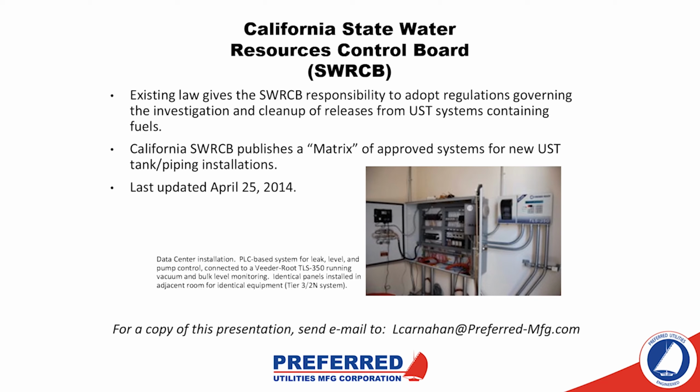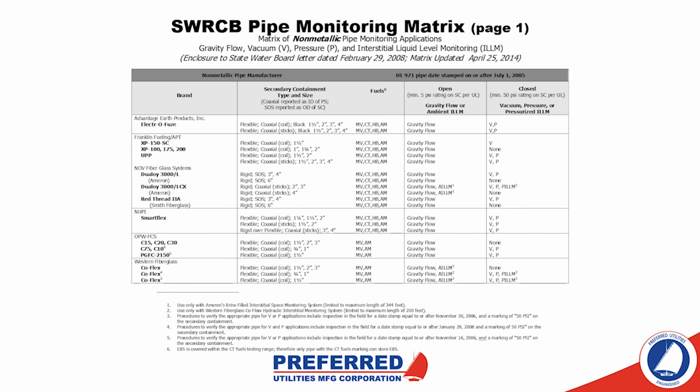The actual control panel next to it is running all the leak sensors and all the pump controls, etc. So this is a fairly typical system you'll see in the field now. This particular system was at a 2N redundant data center, and that panel and the Veeder-Root have twins next door in the next room that are absolutely identical for a second UST because of the 2N redundancy. So it's just kind of an interesting little tidbit there.